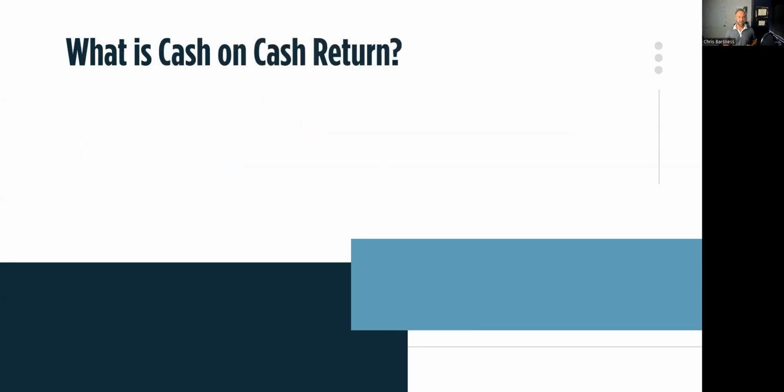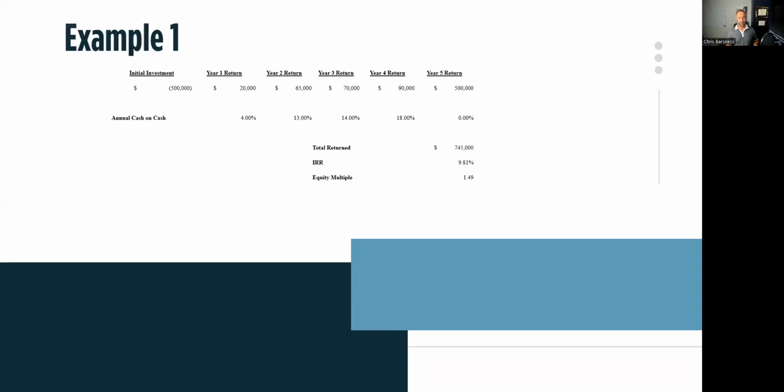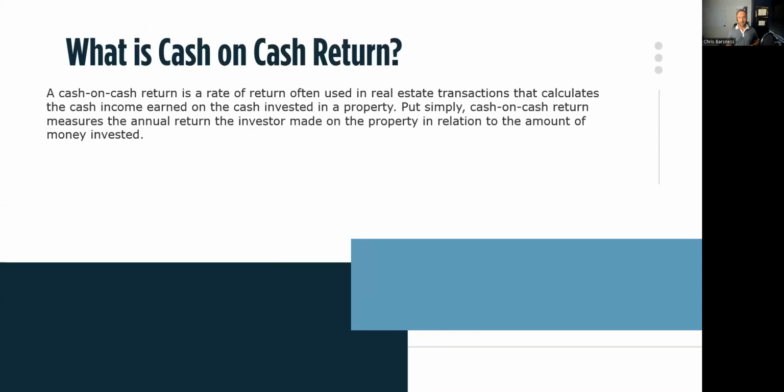A cash on cash return is typically just an annual rate of return, often used in real estate transactions, that looks at cash income earned versus cash invested. So if you put $100,000 into a real estate investment and you get an 8% cash on cash return that year, that basically means that you got $8,000 out that year.